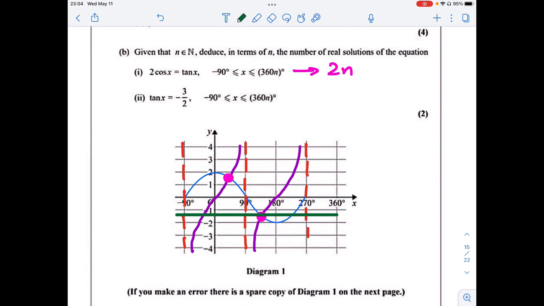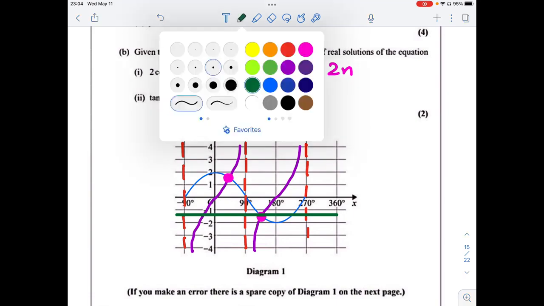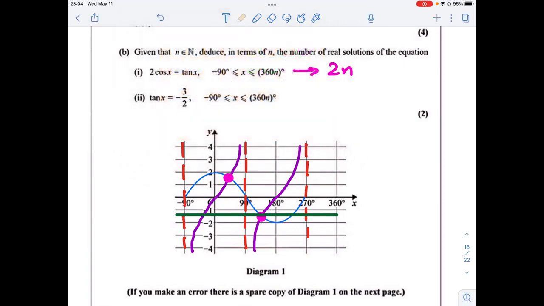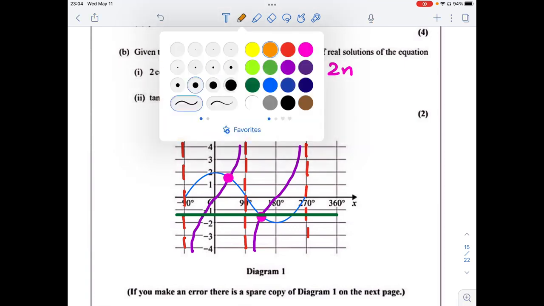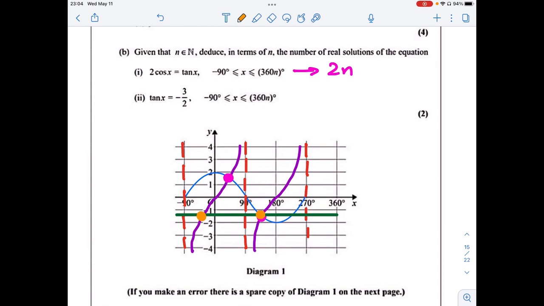Now we can see how many points it is intersecting between negative 90 and 360. Let me mark it out. 1 and 2, and there will be one more point over here, 3.